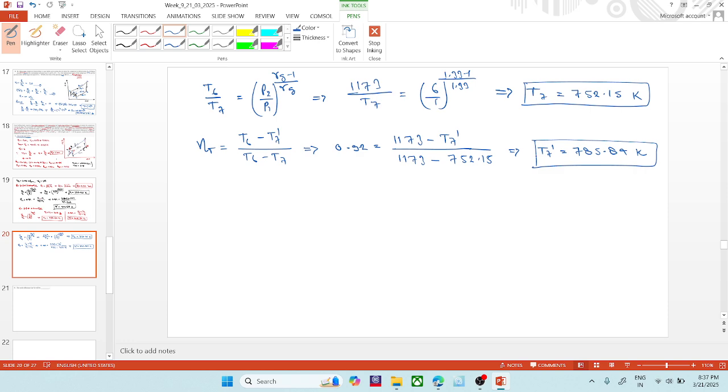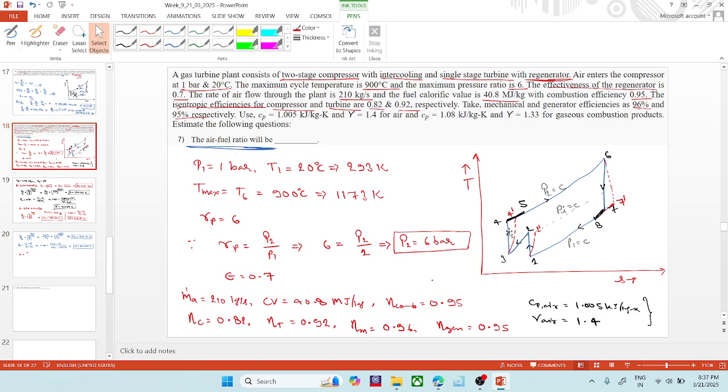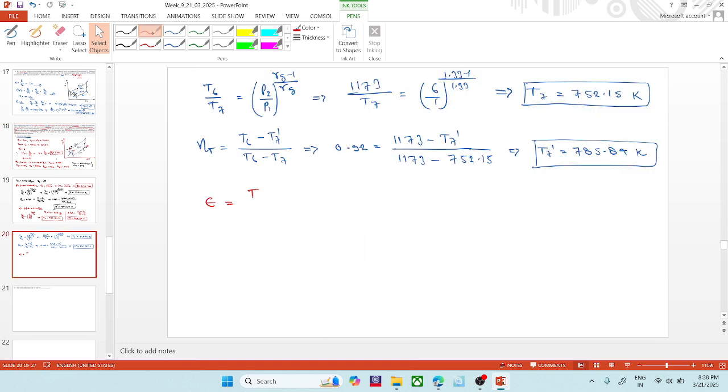So next thing, the effectiveness of the regenerator is given. Effectiveness of the heat exchanger can be written using T5 minus T4 dash divided by T7 dash minus T8.